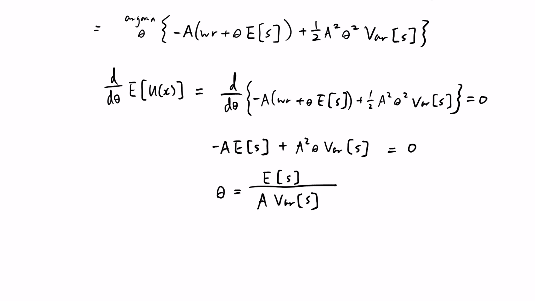Okay. Simple. So it's surprisingly simple. In our case, that would be mu over A sigma squared, right?